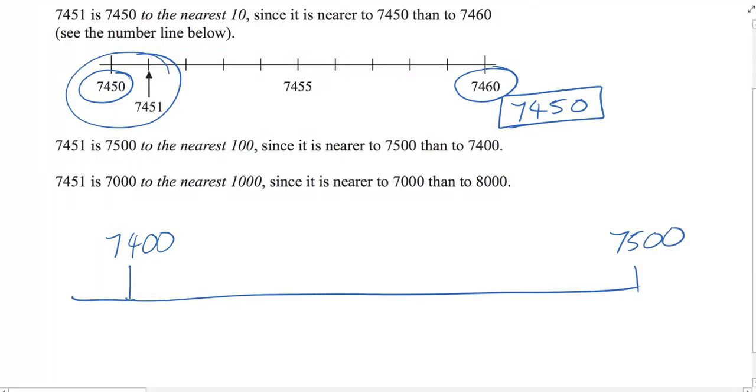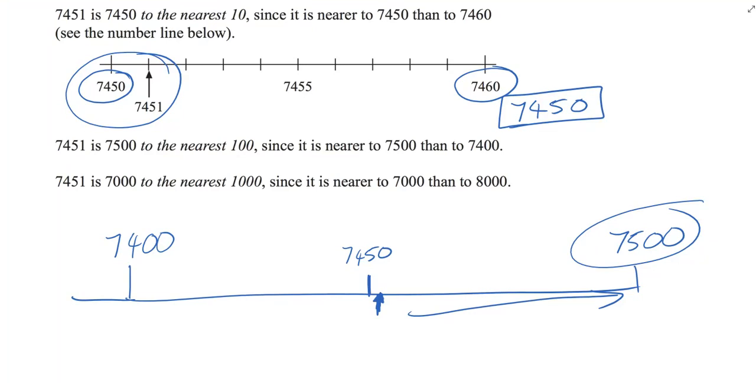So all we need to do is think to ourselves, well, what is it closest to? What value is 7451 closest to? Now, it's very close to the middle. The middle would be at 7450, of course, but it's not quite there. 7451 is a little bit to the right of that, which means it's going to be closer to 7,500. So that's going to be our answer there if we were to round this to the nearest 100.